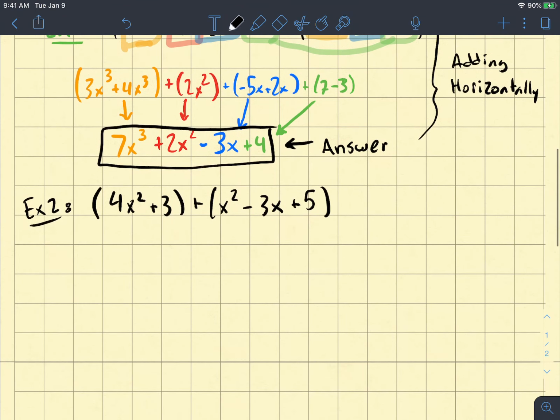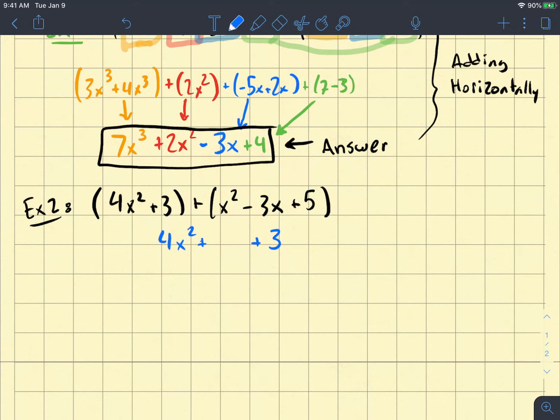All right. So in order to add vertically, we're going to line up our numbers. So we're going to have 4x squared. And then we're going to have plus 3 all the way over here. You're probably wondering, why is the plus 3 all the way over here?